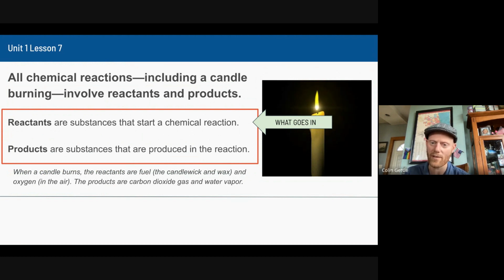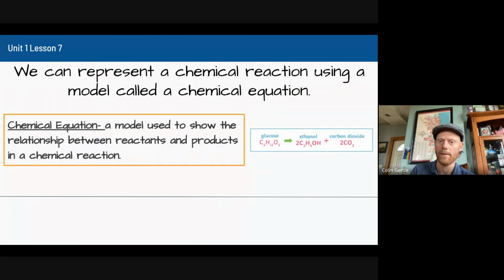So in the candle burning example, the products are carbon dioxide gas and water vapor. And those are not things that you can see easily when you're watching a candle burn, but they exist around that burning wick. So those are the things that come out. All right, so a chemical equation includes those two things. It's a model used to show the relationship between reactants and products in a chemical reaction.